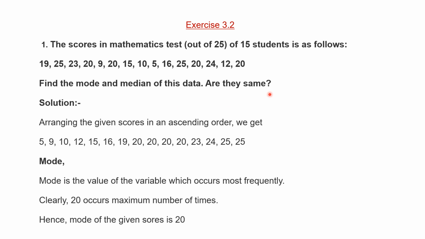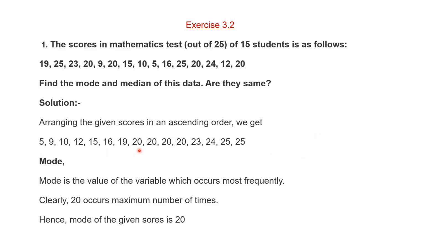Are they the same? First we have to find the mode. Mode means which one is most commonly occurring, or occurs most frequently. What we have to do? We have to arrange the given data in ascending order. We have arranged it here. So which marks occur frequently?